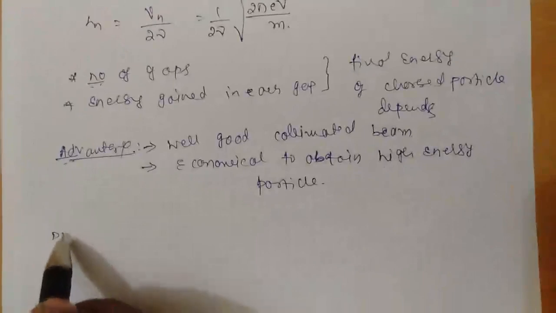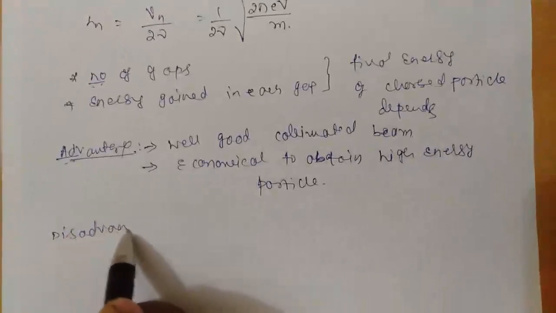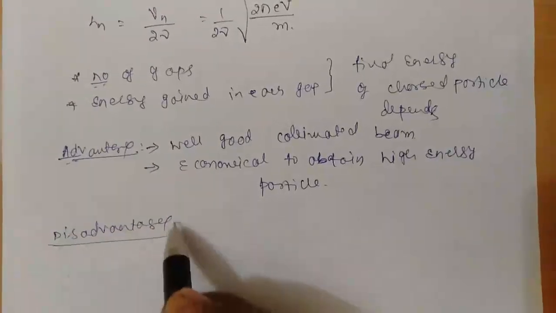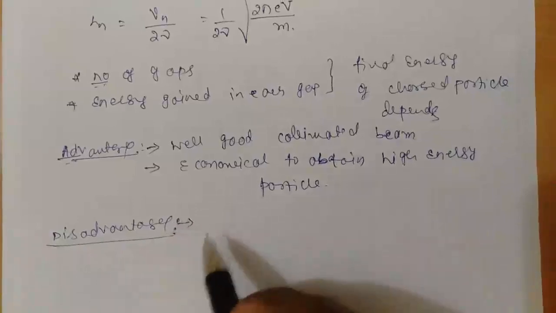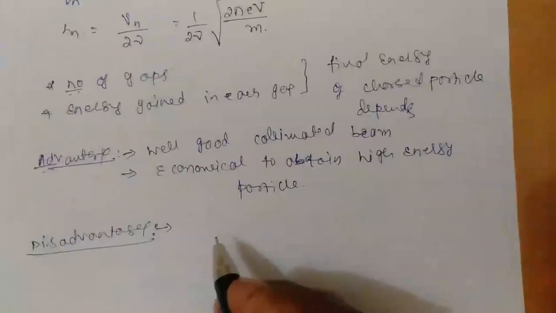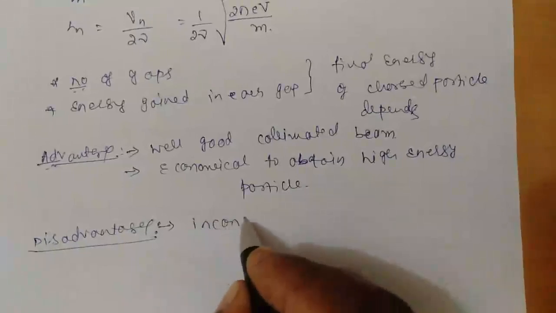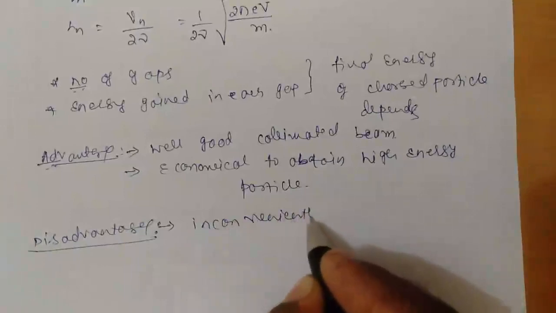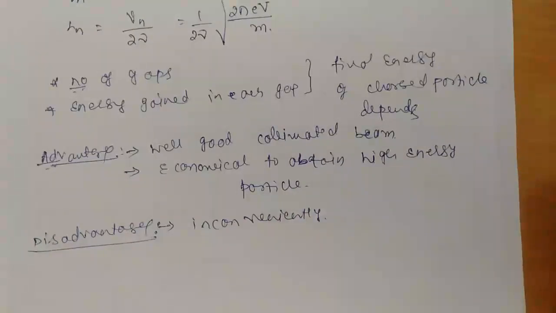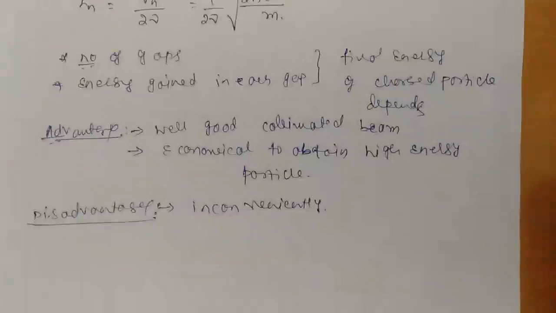Now let us look into the disadvantages of this linear accelerator. The first disadvantage is that the length of the accelerator becomes inconvenient. Why? Because if we have n number of gaps, or n number of increasing length tubes, and we have more than 10 or 20 tubes, it becomes very risky and cumbersome to handle the setup.